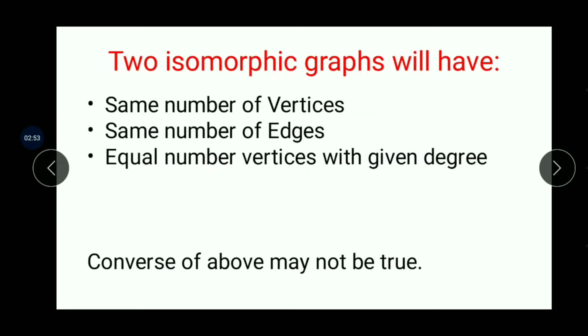So two isomorphic graphs have the same number of vertices, the same number of edges, and an equal number of vertices with a given degree. But the converse of the above is not true: two graphs may have an equal number of vertices, an equal number of edges, and an equal number of vertices of given degree, but may not be isomorphic.